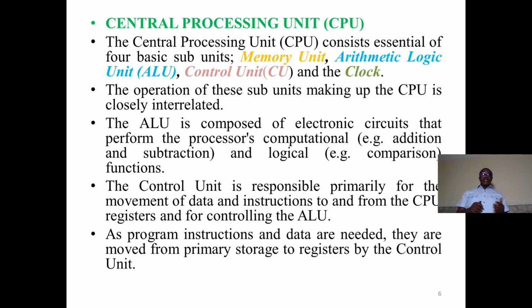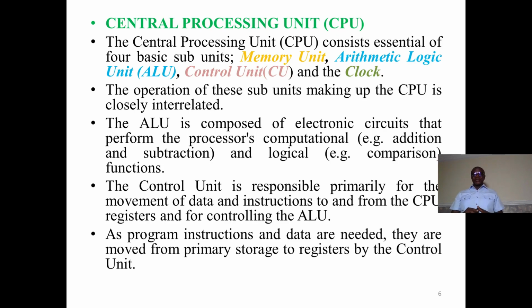The ALU, that is the arithmetic logic unit, is composed of electronic circuits that perform the processor's computational and logical functions. When we say computational functions, we are looking at addition, subtraction, and when we look at the logical functions, we are looking at comparisons.